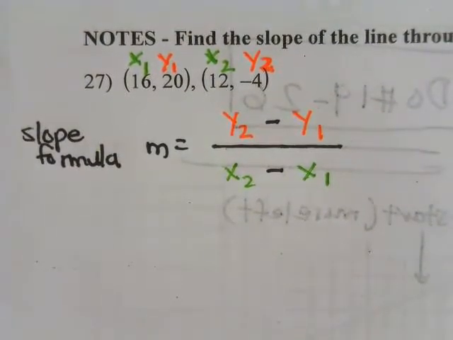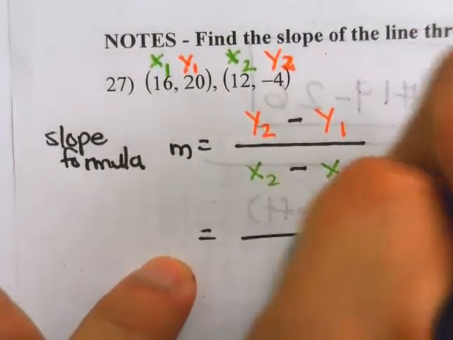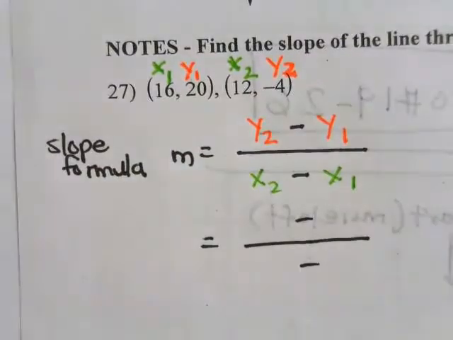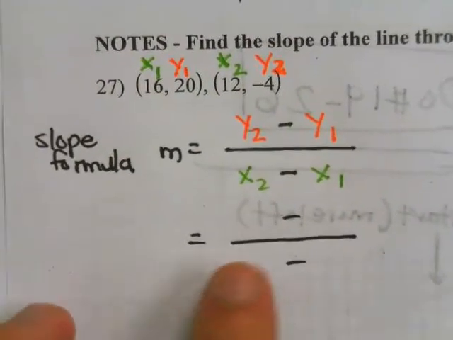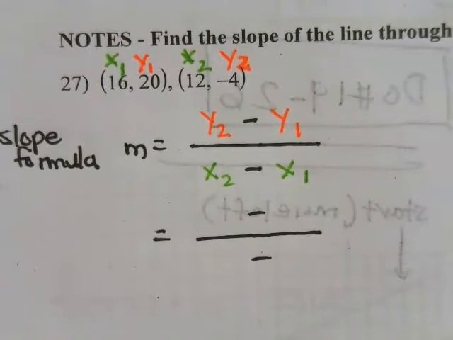A little small side note, this is the basis of calculus. y2 minus y1 over x2 minus x1. It all starts from here. Notice that on this formula, the negative signs need to stay put. So we're going to make it stay put.